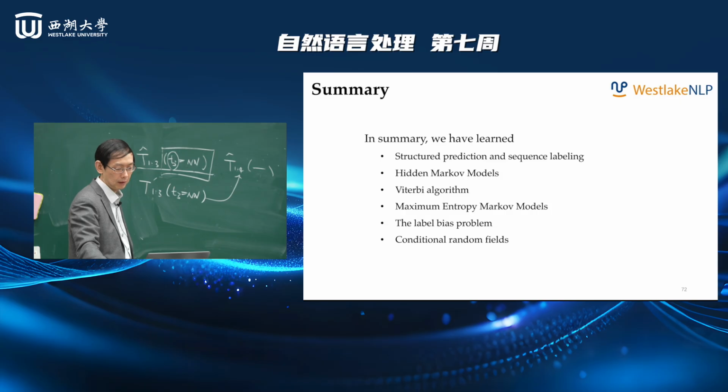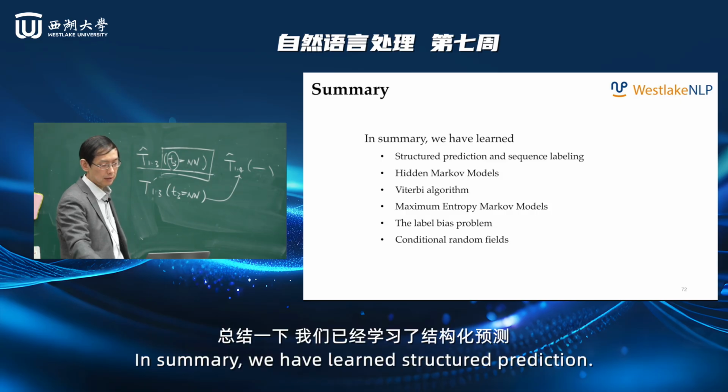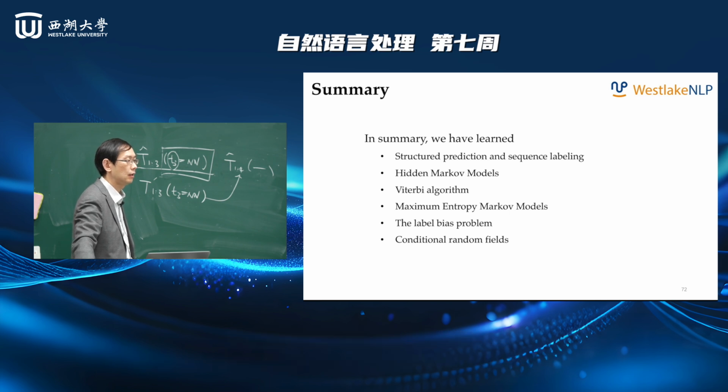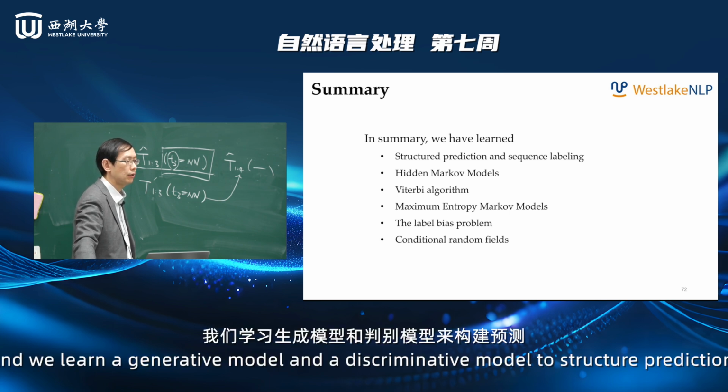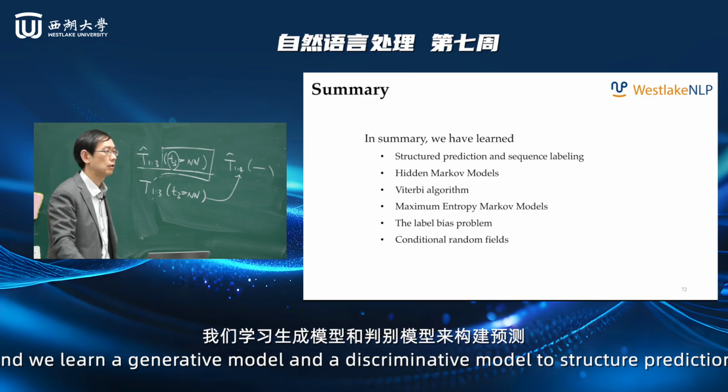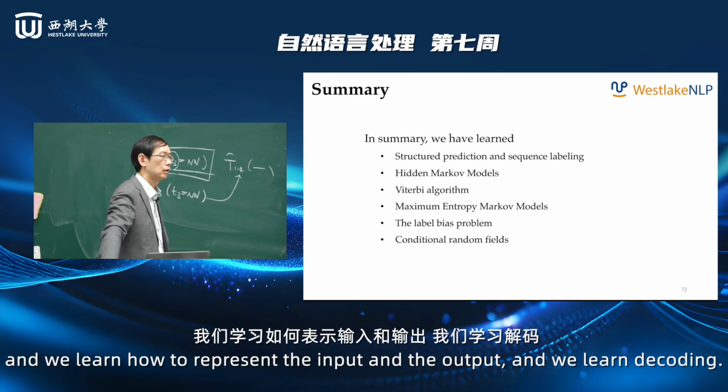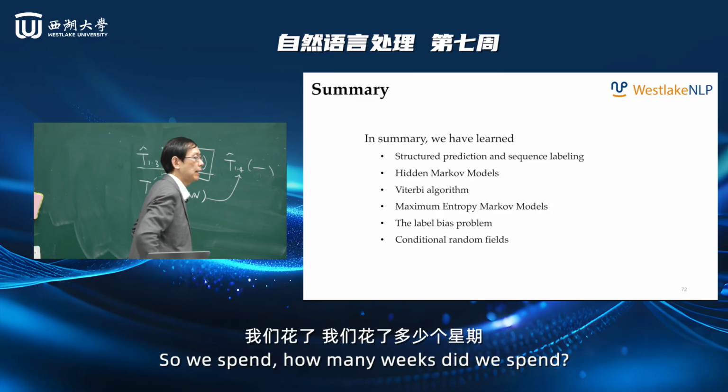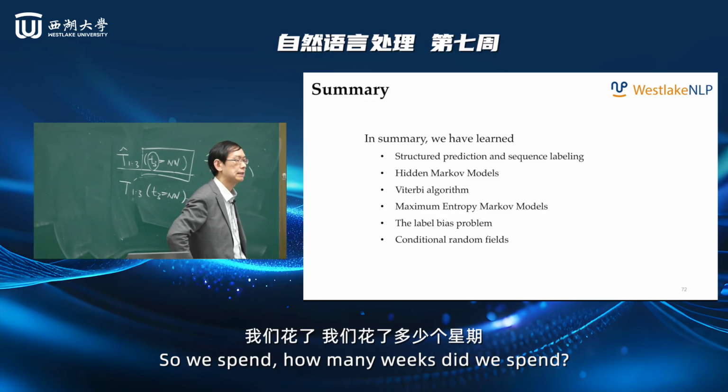Okay. So, in summary, we have learned structured prediction, okay? And we learned a generative model and a discriminative model for structured prediction. And we learned how to represent the input and output. And we learned decoding. Okay, so how many weeks did we spend?